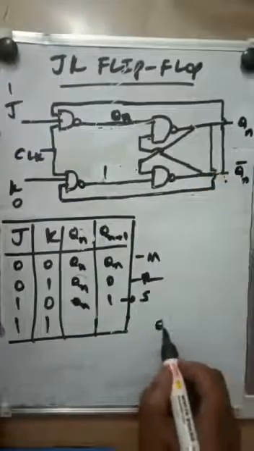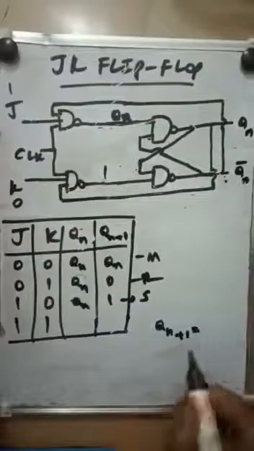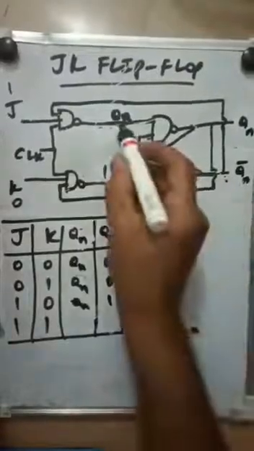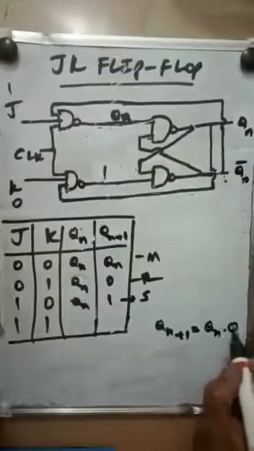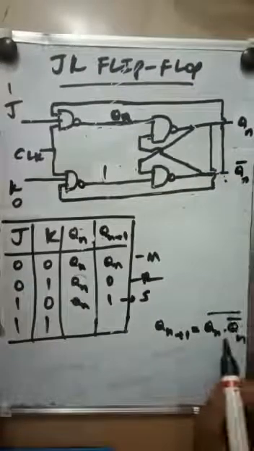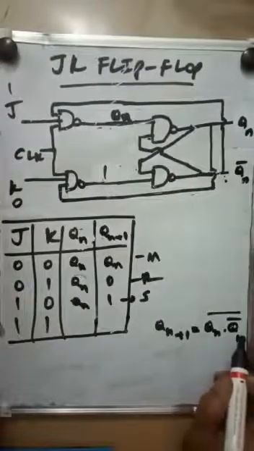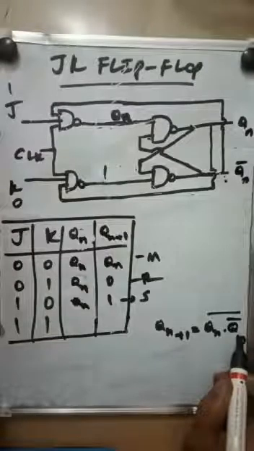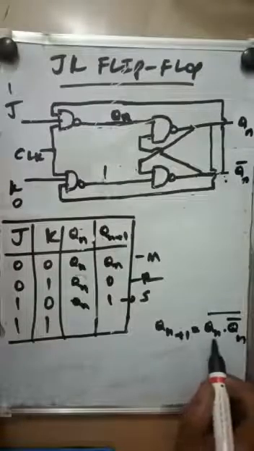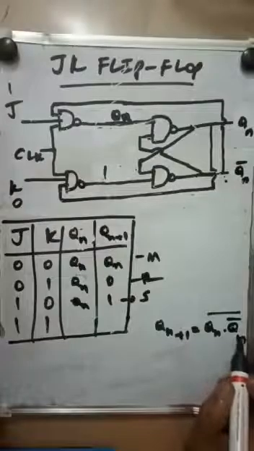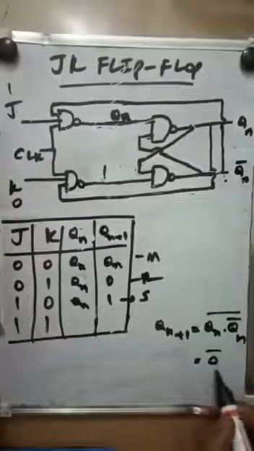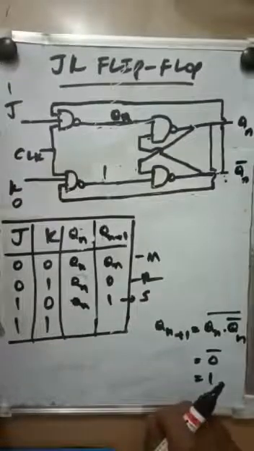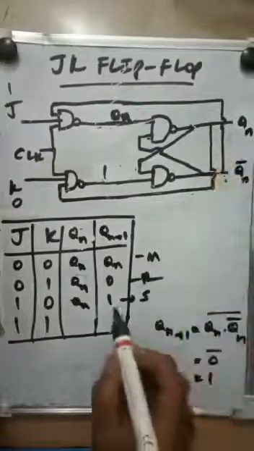That means qn plus 1 is equal to qn dot qn bar whole bar. qn dot qn bar is always 0, as per the formulas, a dot a bar is equal to 0. So qn dot qn bar is equal to 0. That means 0 bar. That means 1. So it is always 1. So 1 is the set state.